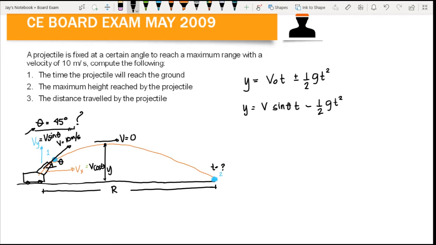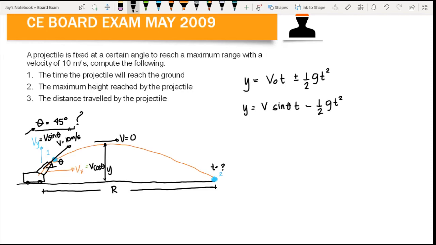But since we have this variable v in the equation, we tried to look for another equation that would give us an equation containing both the variable R and the variable y. So in this case, we will be using another equation.